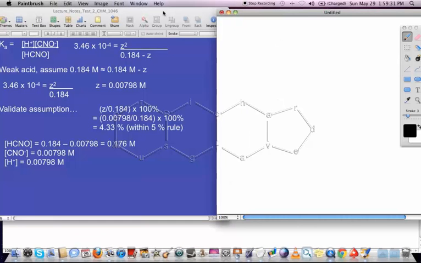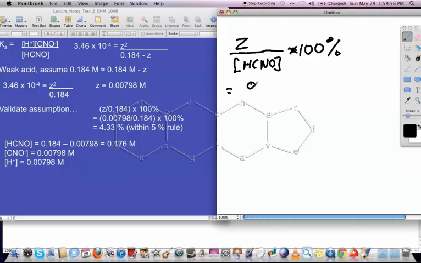Now we've got our Z value. So what we're going to do is take Z and divide it by the initial concentration of HCNO, and we'll multiply that by 100%. That'll give us a percentage.